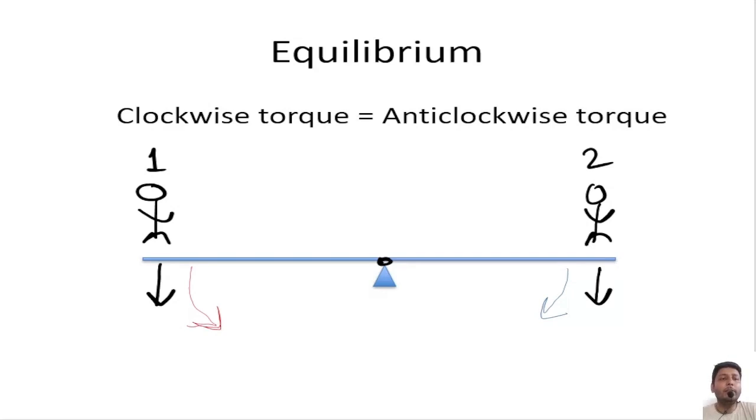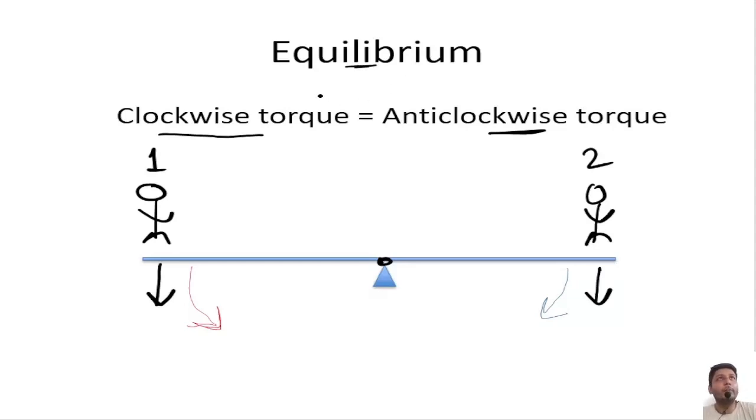Now, when will this system be in equilibrium? That means when will they exactly balance out each other? When clockwise moment or clockwise torque is equal to anti-clockwise torque, then they will balance out each other. So this condition, when both of them balance out each other, is called equilibrium.